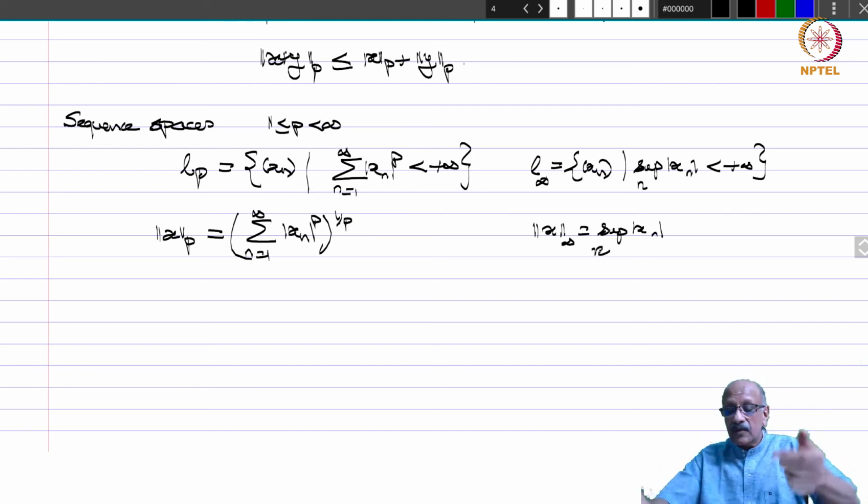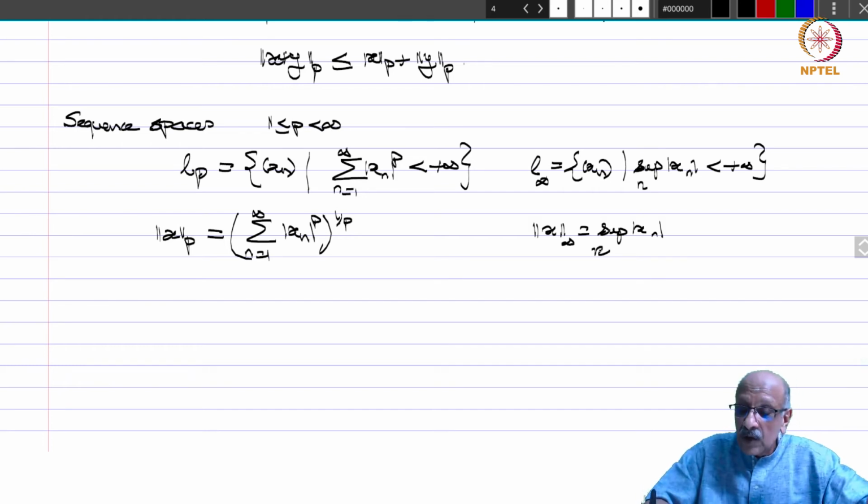That gives you the ℓ^∞ norm, which again is well defined because the supremum is finite. I will leave it to you to check, just as we did in the ℓ^∞ case in finite dimensions, that this satisfies all the properties of a norm. So we again have to show here that this is a norm.